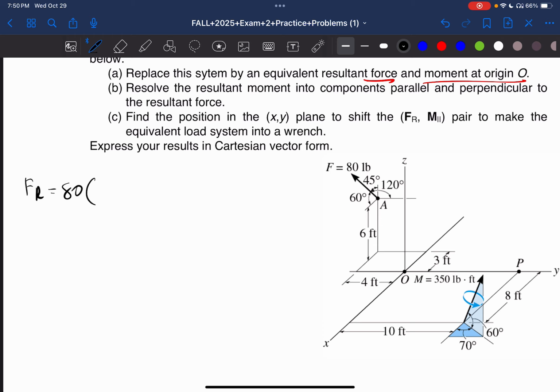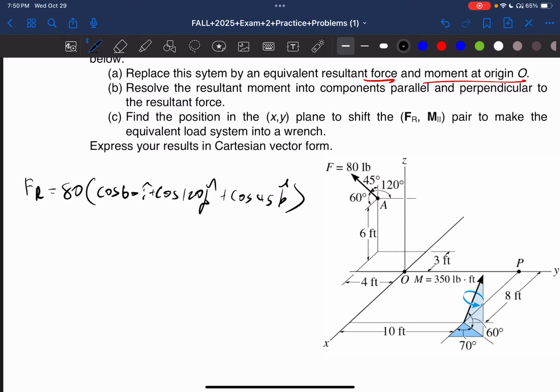So it's going to be cosine, because we want this value, which is adjacent to 60, so we want cosine 60 i. In the j direction, looks like 120, so cosine 120 in the j direction. In the k direction, against the positive k, so we're going to have 45, so wait a second, plus cosine 45 in the k direction.